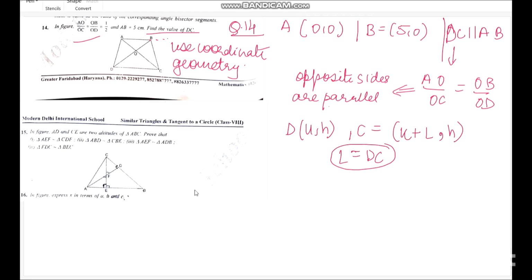Now since they have given, see, diagonals are what? Diagonal AC goes from A to C, and C is already (u plus l, h). So I can say that AO upon OC is equal to 1 by 2, already given.